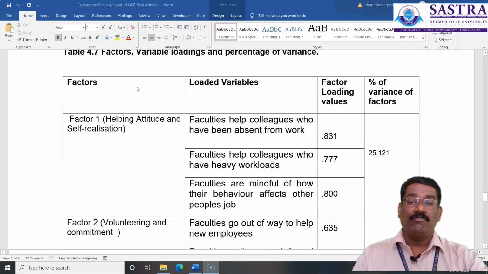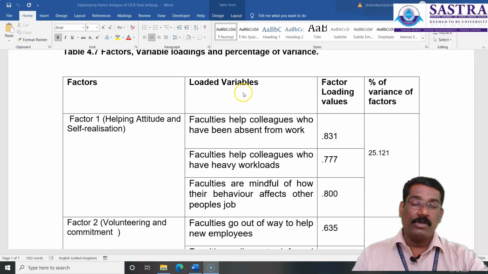We can put 4 columns. Column number 1 has factors. Column number 2 has loaded variables. And column number 3 has factor loading values and the percentage of variance of the factor. So it gives you a clear presentation in your research report, and the reader can understand the context of what you are using exploratory factor analysis for.